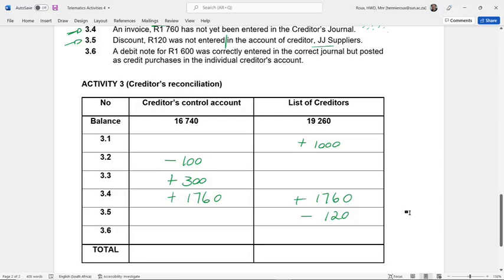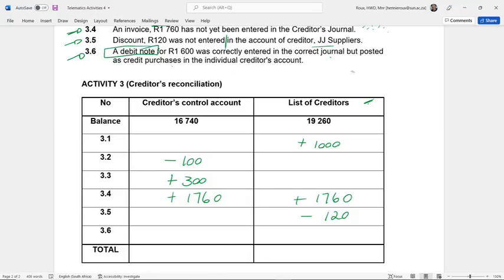And the last one, a debit note for 1,600 was correctly entered in the correct journal, but posted as credit purchases to the individual creditor's account. So the problem is here with the list. A debit note means we return goods to the creditor.